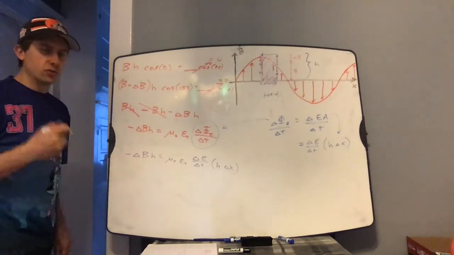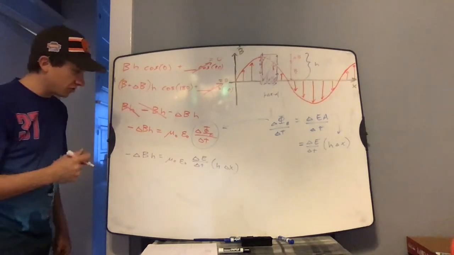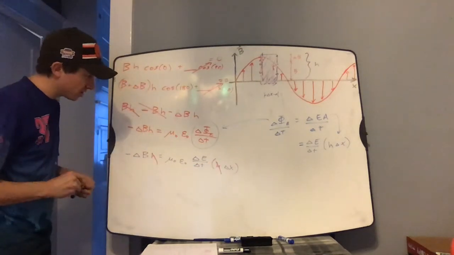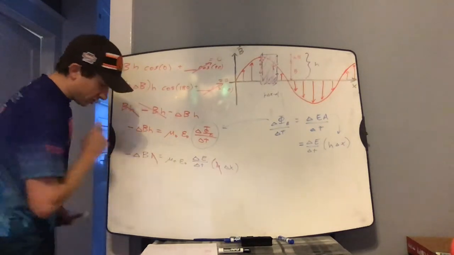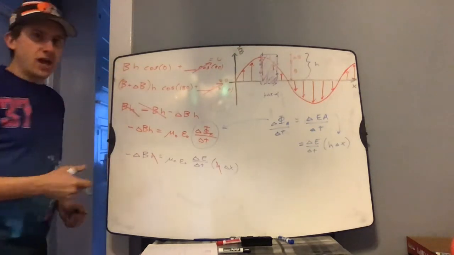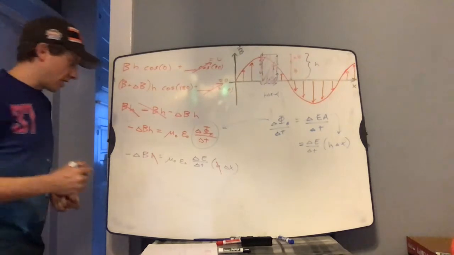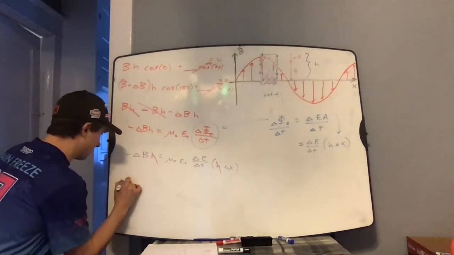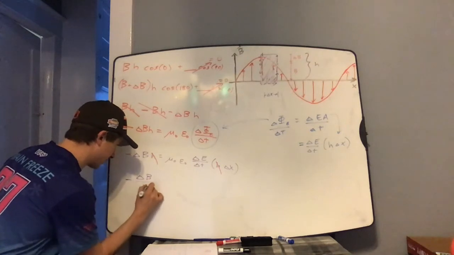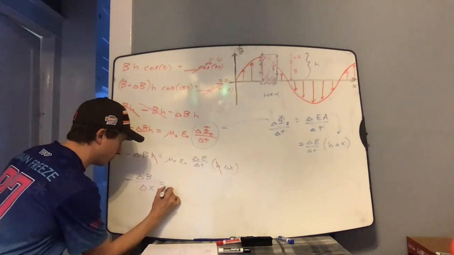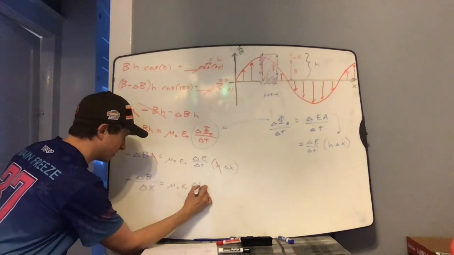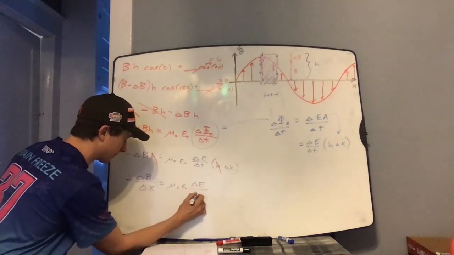I'm just going to rearrange the algebra a little bit. So I notice h is on both sides, so I could cancel those. I'm going to bring delta x over to the other side. And when I do that, I will have my form of Ampere's law that I want. Negative delta B over delta x is equal to mu naught epsilon naught delta E over delta t.